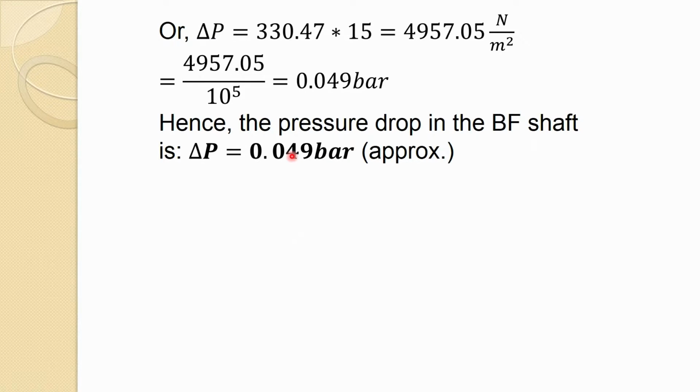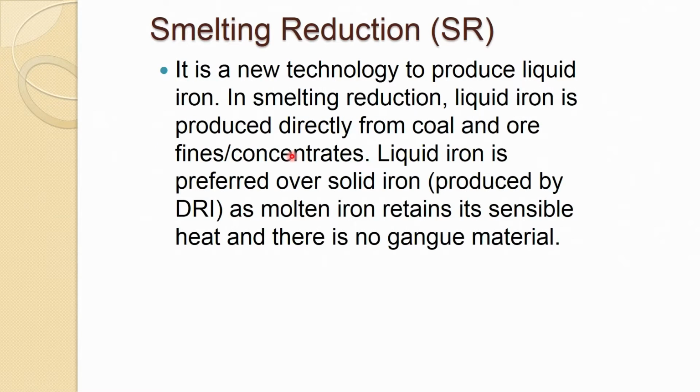Now we will switch over to another process. When we said alternative route of iron making, we said direct reduction, direct reduced iron, and then we talked also about smelting reduction.